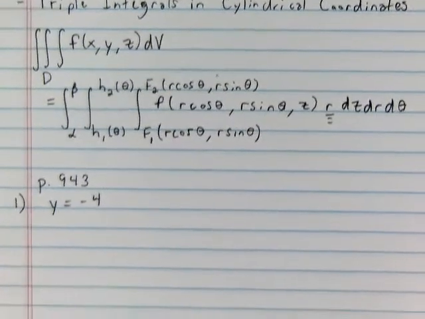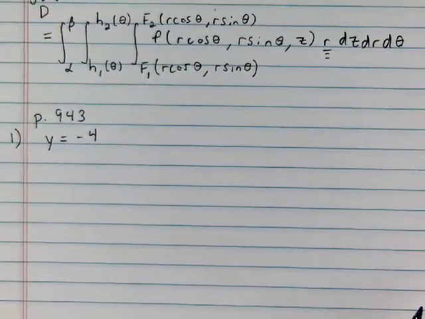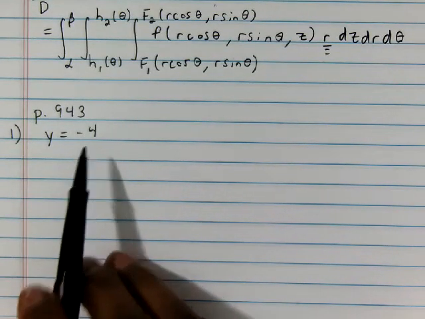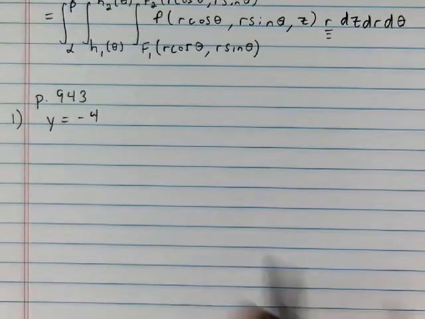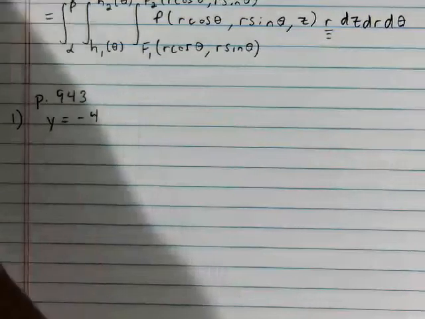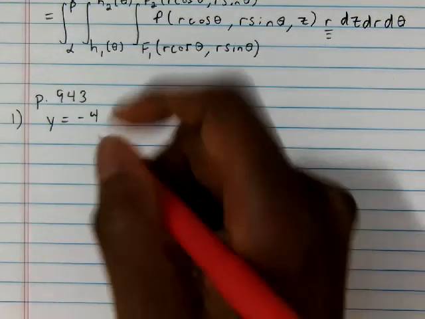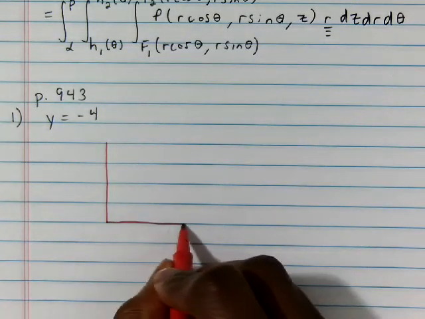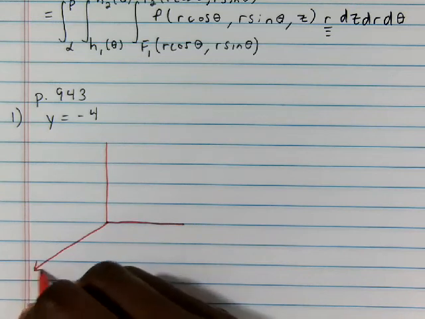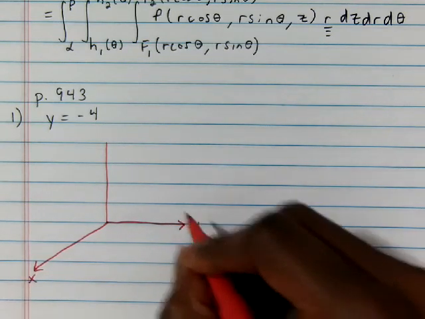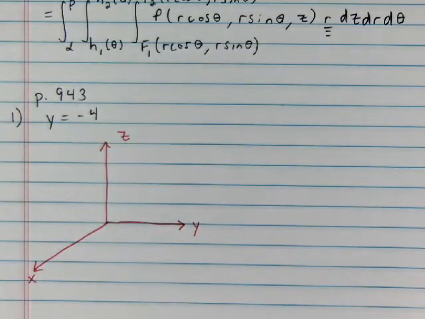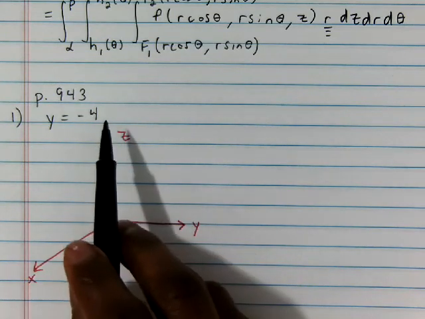And we're going to sketch the graph first because it's a lot more natural to sketch something from rectangular coordinates than it is from cylindrical coordinates, because we're familiar with this. So we have our set of coordinate axes, and then we're just sketching the plane y equals -4, which means that x and z take on every value.